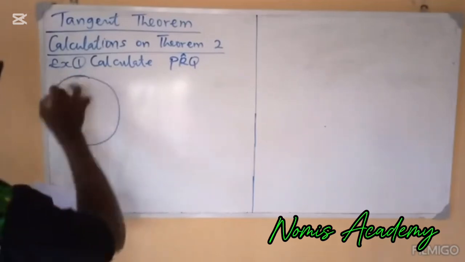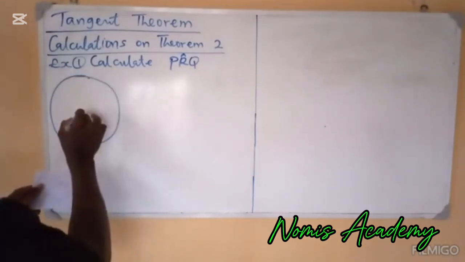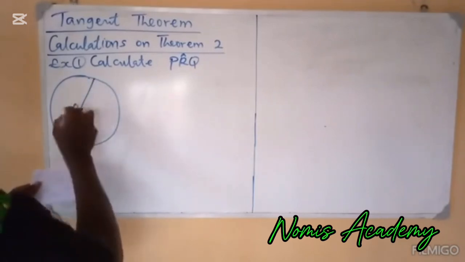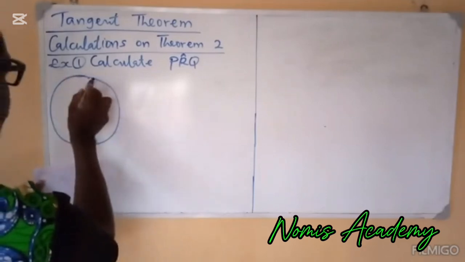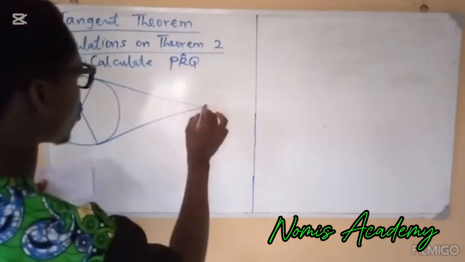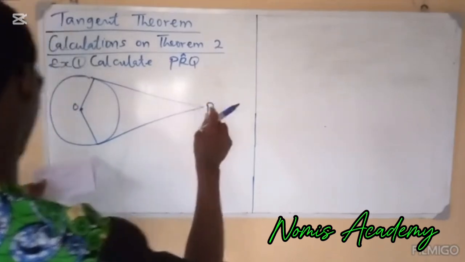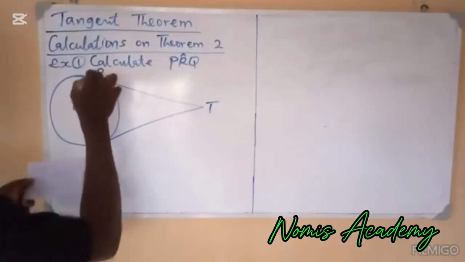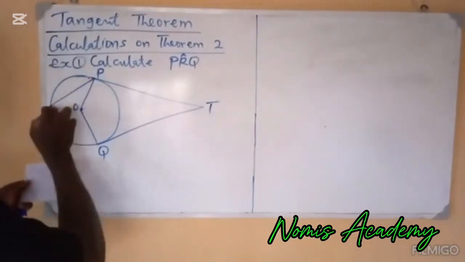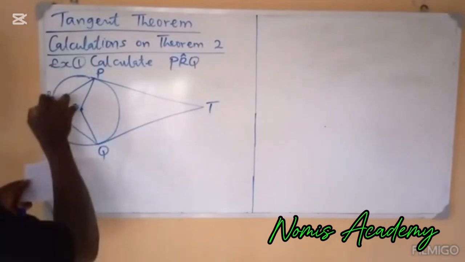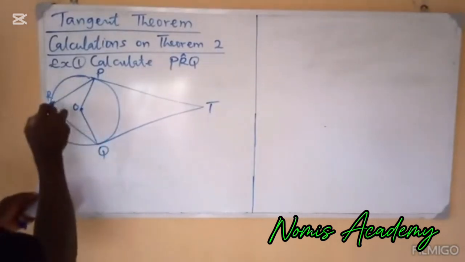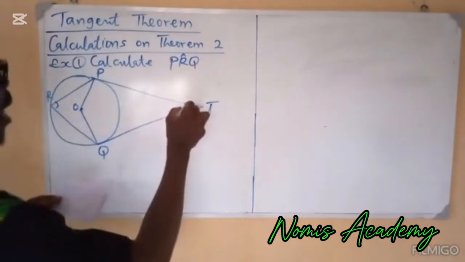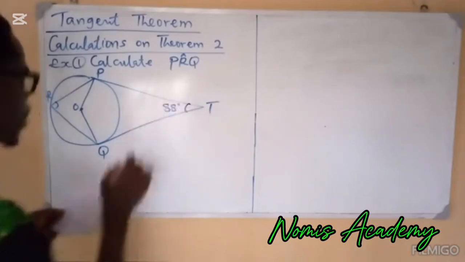We have the center, which is O, and then we have a tangent with common point P. We call this T. This is T. Here is P, Q, and then we have R. So we are asked to find PRQ when the angle at T is 88 degrees.